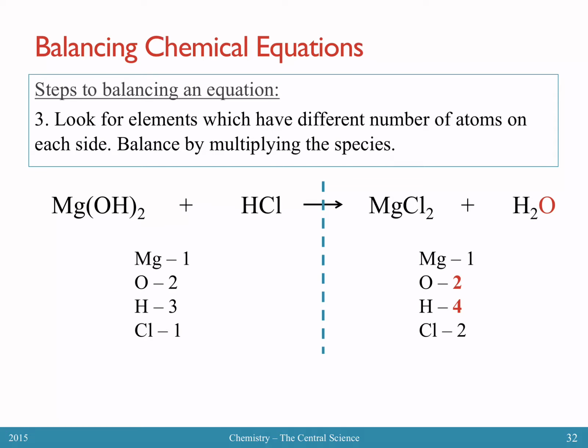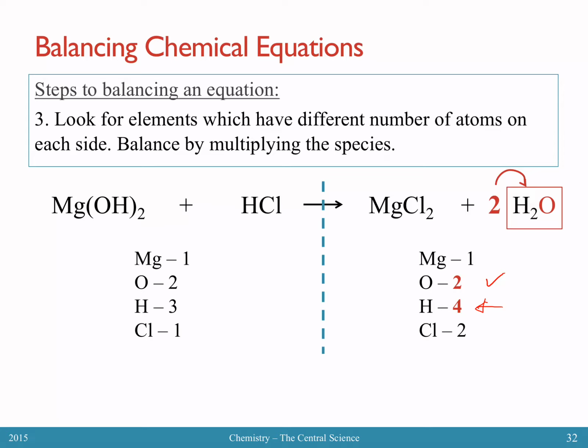So let me multiply that species, which is water. When I multiply water by 2, I not only affect the number of oxygen atoms, I will also need to update the number of hydrogen atoms on the right hand side. Now that oxygen is satisfied, you can see that hydrogen is again not satisfied.